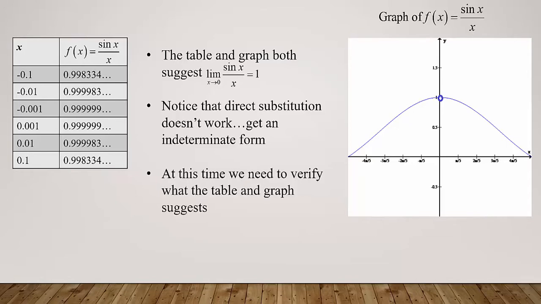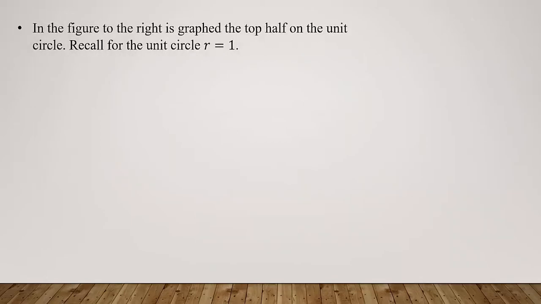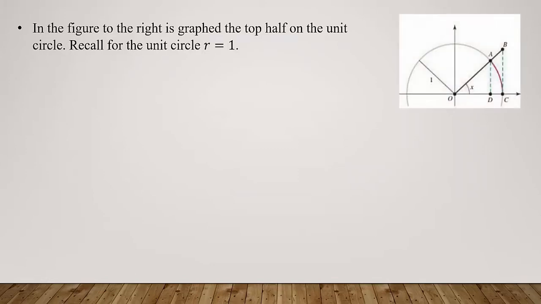But folks, at this time, we have to verify what the table and the graph suggest. To do this, we're going to rely on a little bit of geometry and some trigonometry. I have a figure over here to the right, which is the top half of the unit circle.